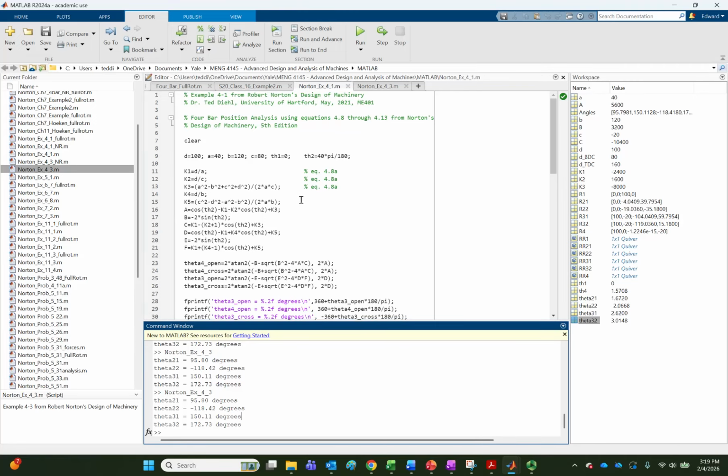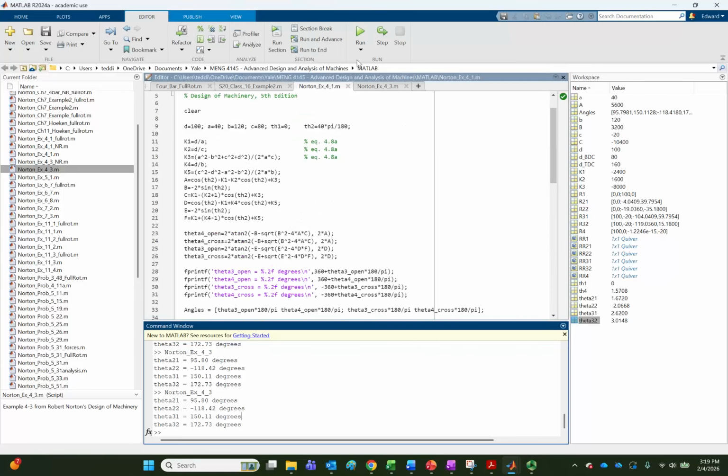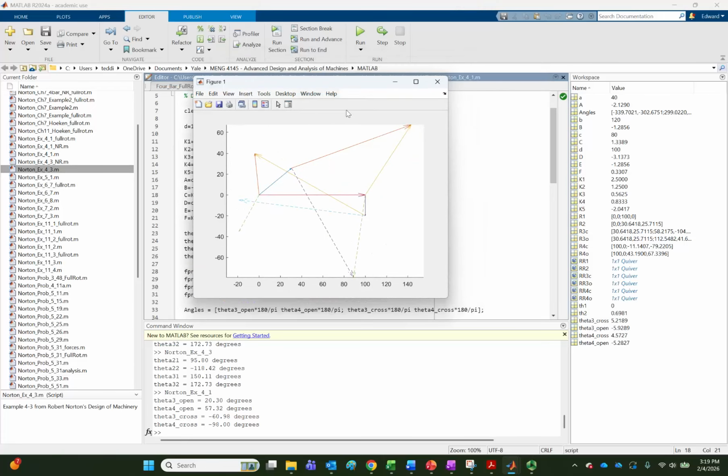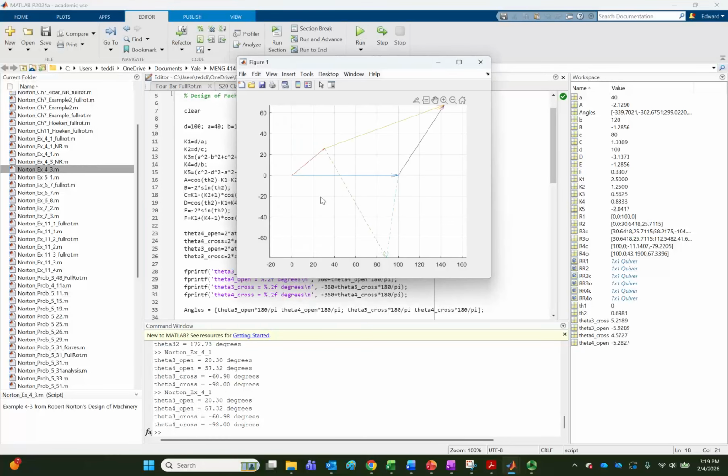I also used quivers to draw them out. So let's see what that looks like. Boom. Ooh, that doesn't look like it works either. Huh, that's weird. Oh, you know what I think it is, it's overwriting. Yeah. Boom. There you go.